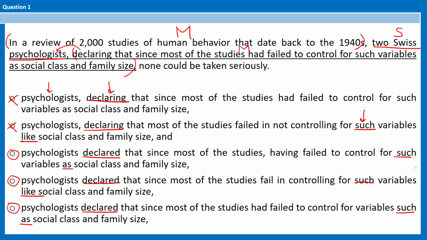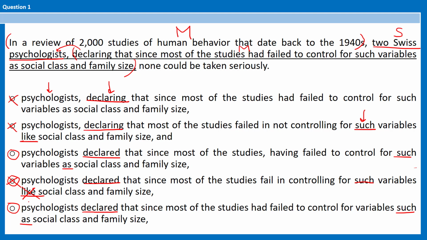Remember that such like does not exist. Okay? You cannot use such like, it's not idiomatic. Eliminate number 4. We need to use such as to give examples. Okay, we're between 3 and 5.